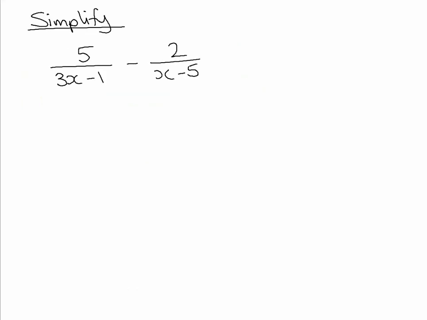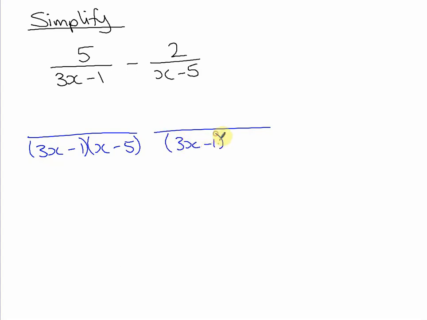Last one. So again, I'm just going to multiply them together to make the lowest common multiple. Sorry, it's not the lowest, it's a common multiple. Could be the lowest, but not sure. Okay, so we know what the denominators are going to be. We have to form the equivalent fractions.